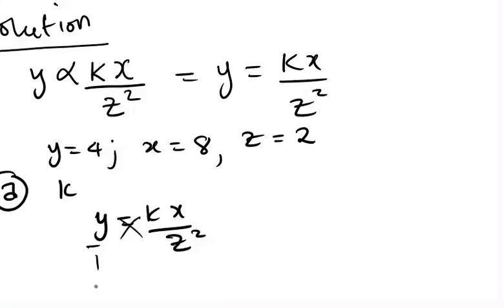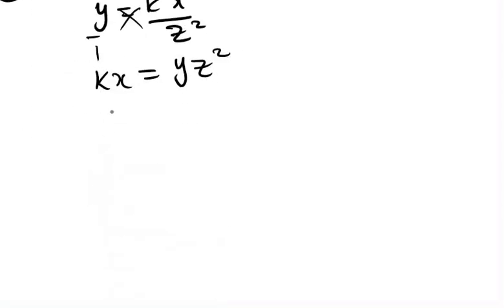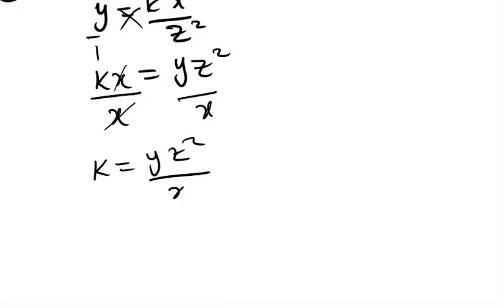Cross multiply, so 1 multiplied by kx equals y multiplied by z squared, yz squared. We want k to be the subject, so we are revising as well. We divide by x both sides. Then k equals yz squared over x.